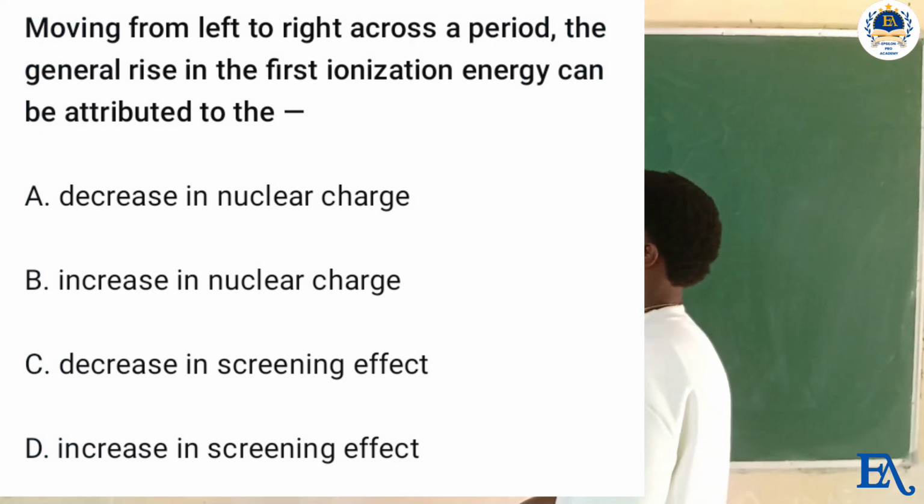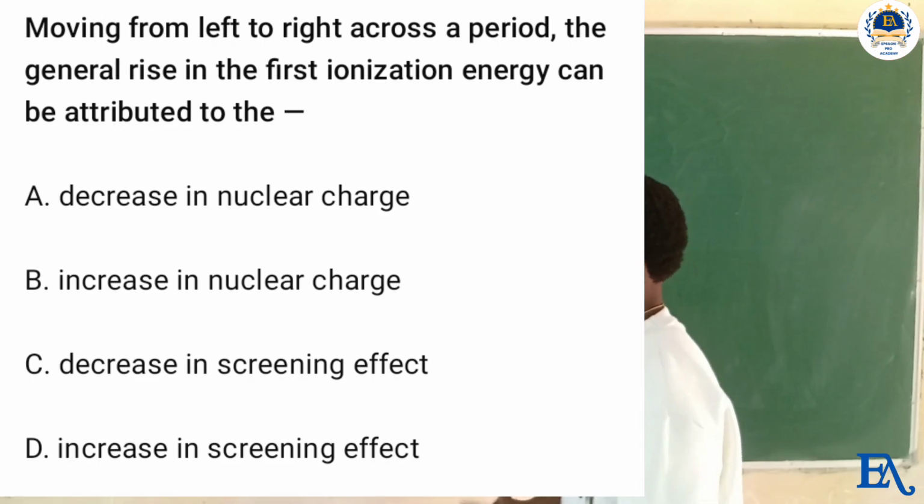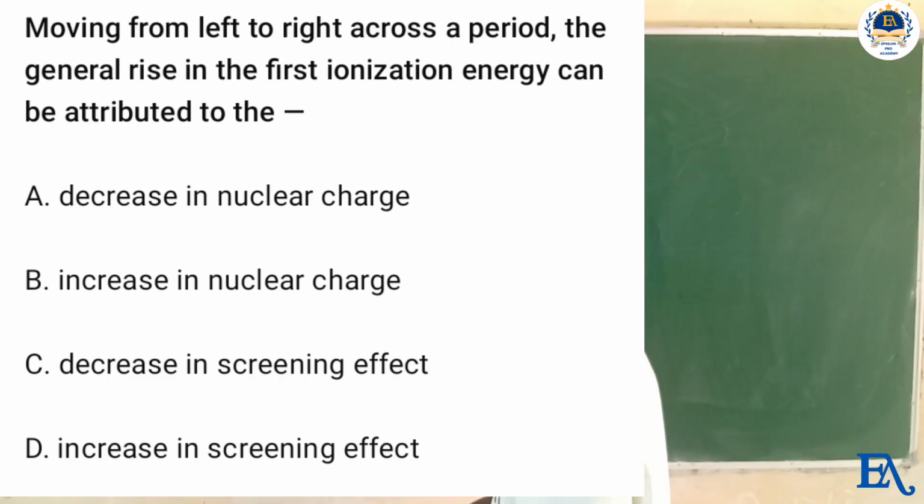Question number 3. Moving from left to right across a period, the general rise in the first ionization energy can be attributed to the dash. Option A, decrease in nuclear charge. Option B, increase in nuclear charge. Option C, decrease in screening effect.